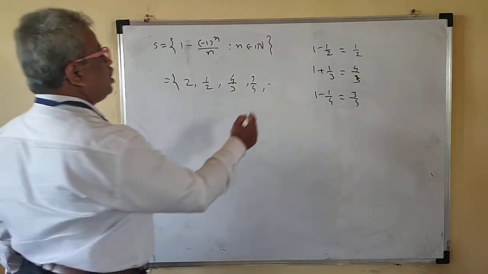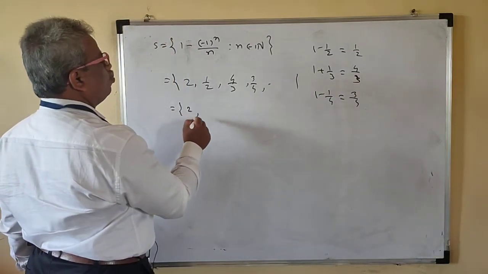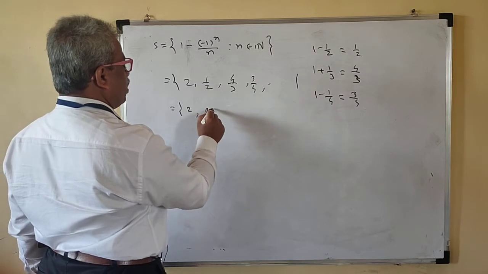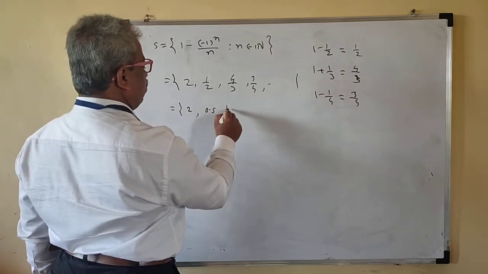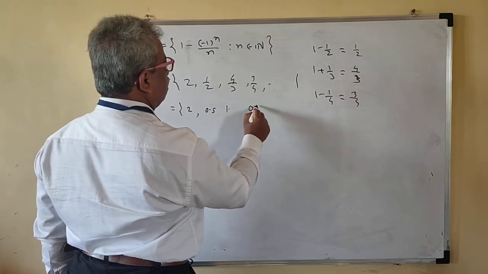Now see here. What is this? This is 2. Then this is 0.5. Then this is 1 point something.